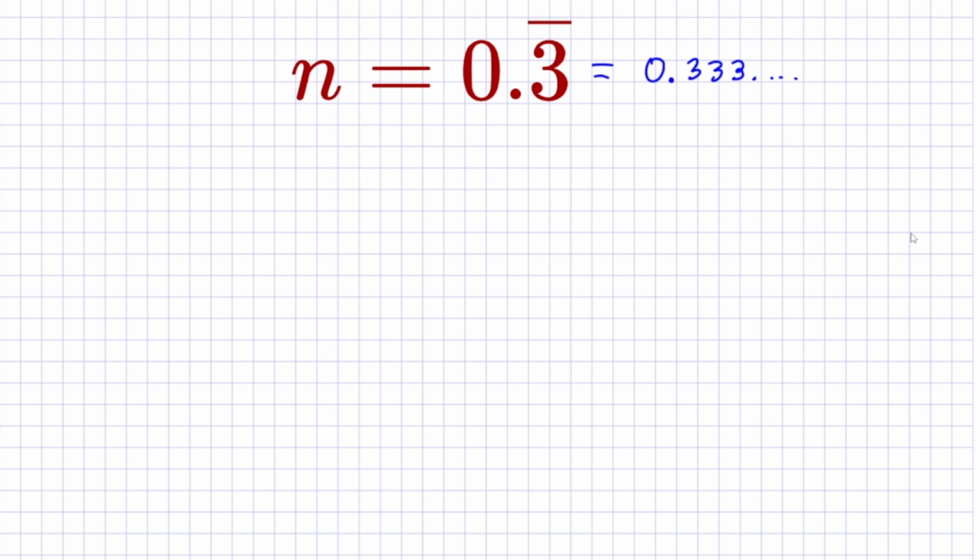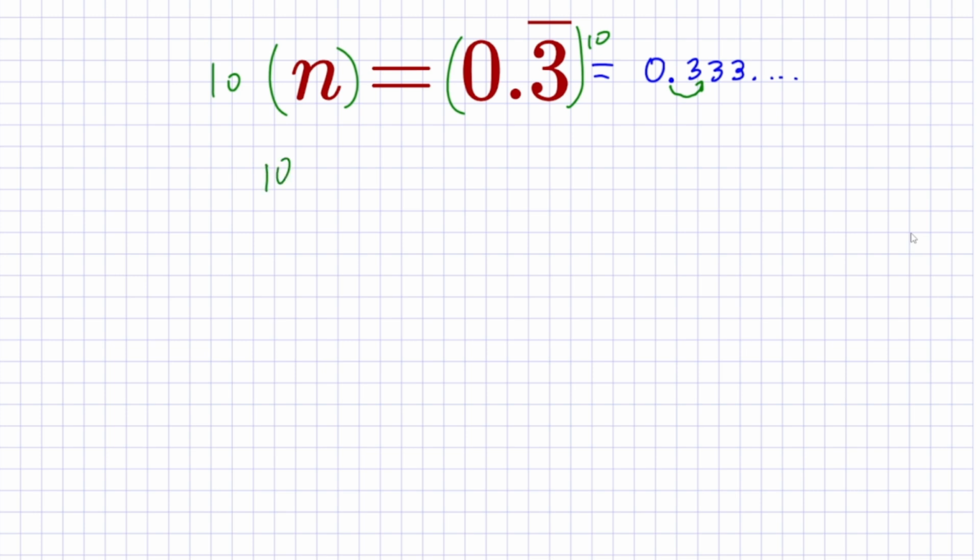So the technique here is to multiply both sides of this equation by a power of 10 that will be sufficient to get the decimal point past the first repetition. And since this number only has one repeating decimal, I only need to move the decimal point one spot. So that means that I can multiply both sides by 10. So we're going to take this equation and multiply both sides by 10.